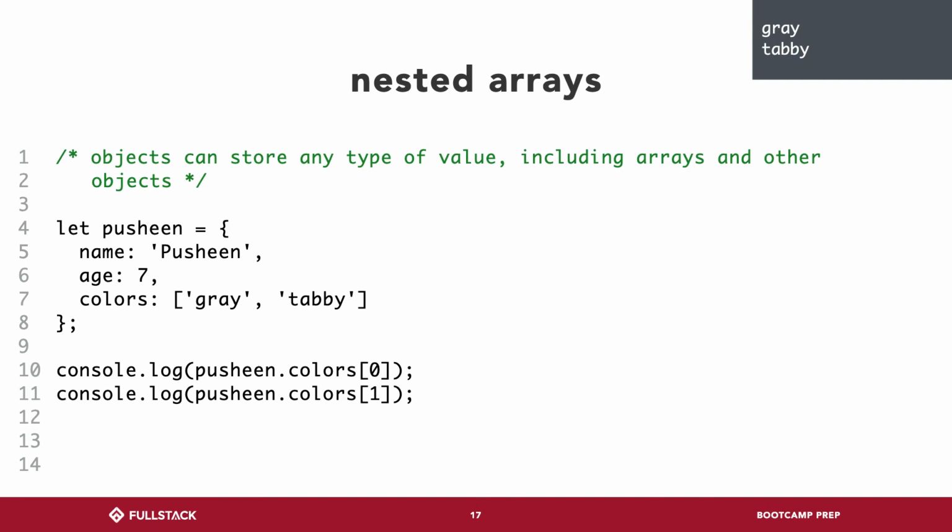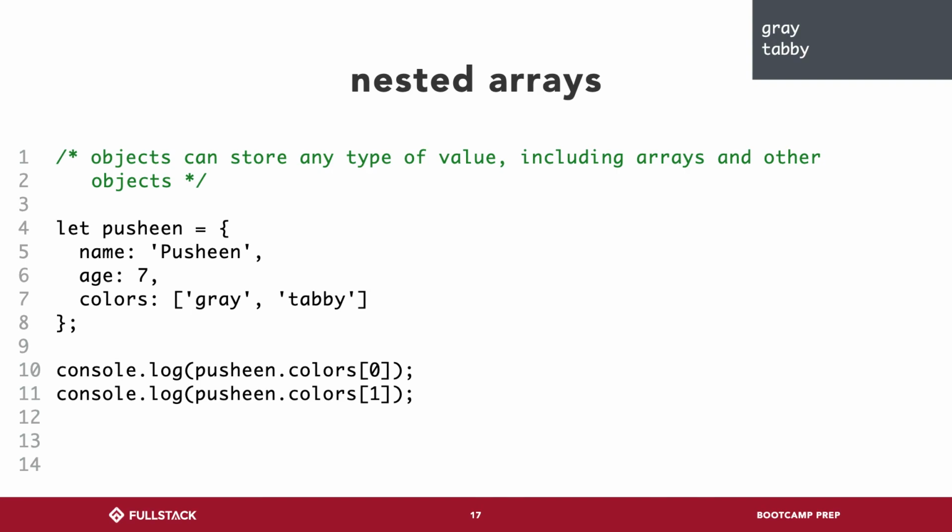Because what is Pusheen.colors? It's an array. So that array at index 0 is gray. That array at index 1 is tabby. And it's very literal, right? This is literally this array. So at that index, what do we get? That's how you access values inside of that.